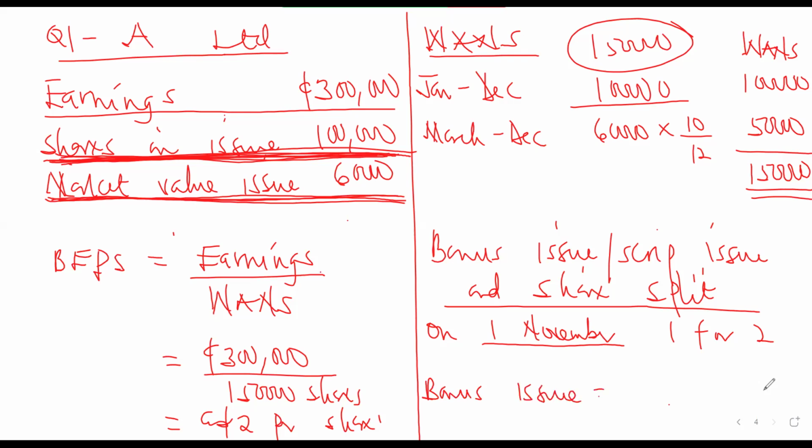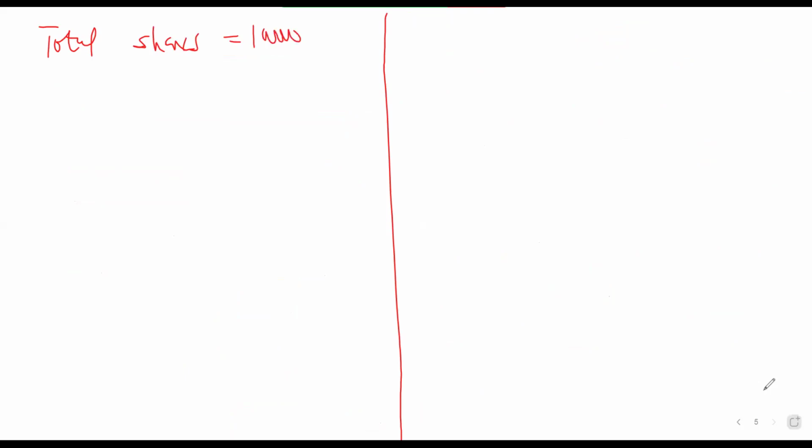So that will be 1/2 multiplied by 100,000. What will be the total number of shares now, including the bonus issue? 150,000. So the total shares now will be 150,000.